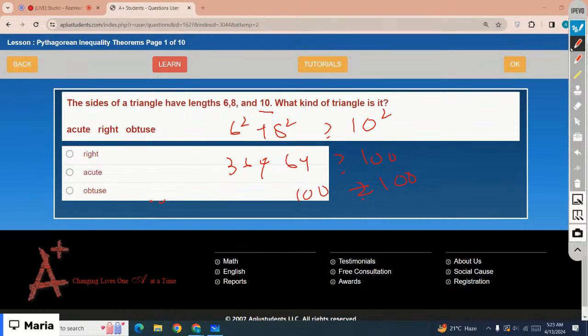So both sides are exactly equal. That means that is a right triangle. The correct option is right triangle.